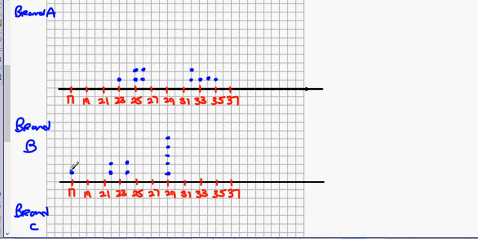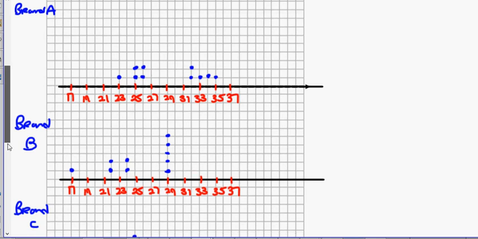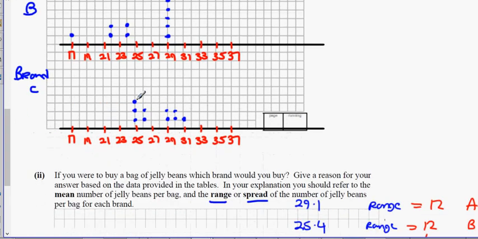In brand B, we had 1 17, 2 22s, 2 24s, and 5 29s. In brand C, I had 3 25s, 2 26s, 2 29s, 2 30s, and 2 31s.